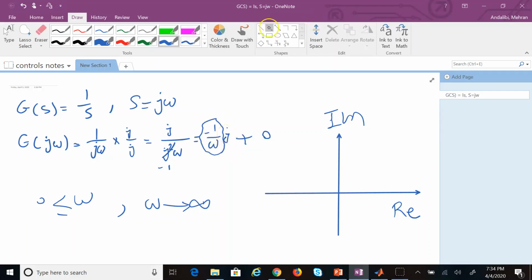And there is no real part, so it is going to be perfectly on the imaginary axis. When omega is small, you're going to infinity; as omega gets bigger and bigger, you are converging to the origin.